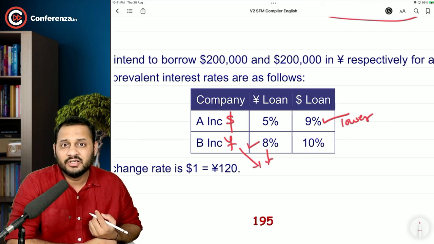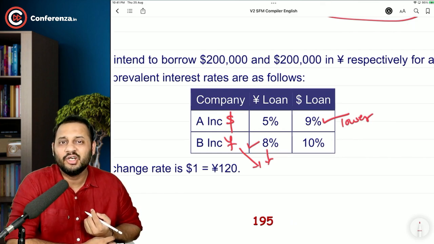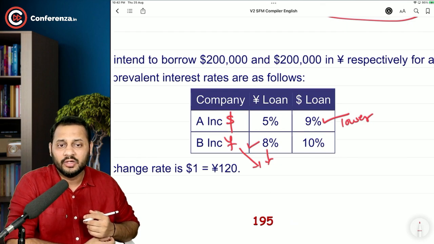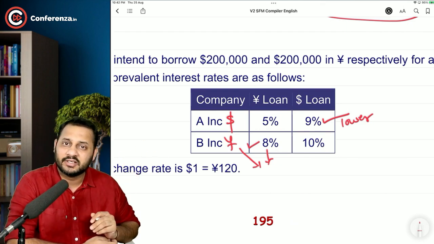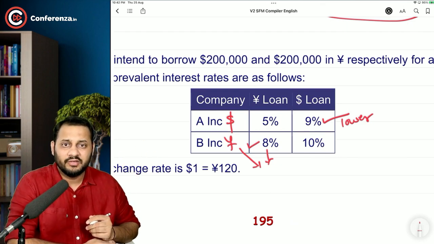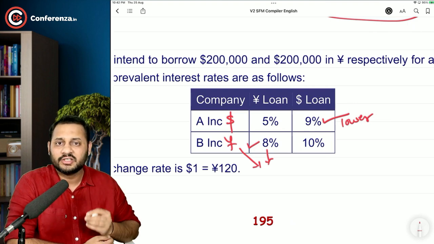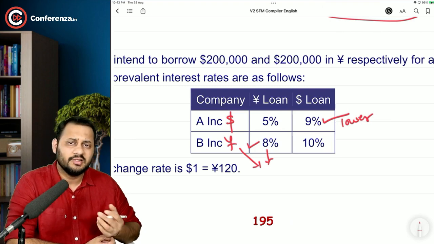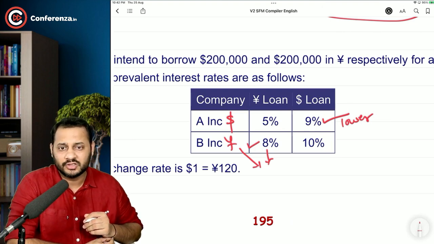The benefit is only in the lower rates. Only then do we have a reason to enter into a swap agreement. Otherwise, each party can directly go to the bank and have a loan at 9% and 8% respectively. So even if we are achieving 1 or 2% of profit or lower rate in the loan, it is still possible to go for the swapping.